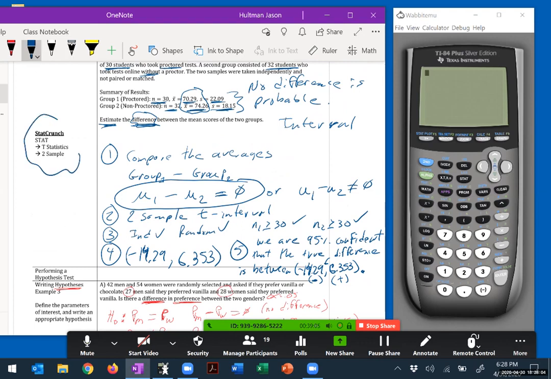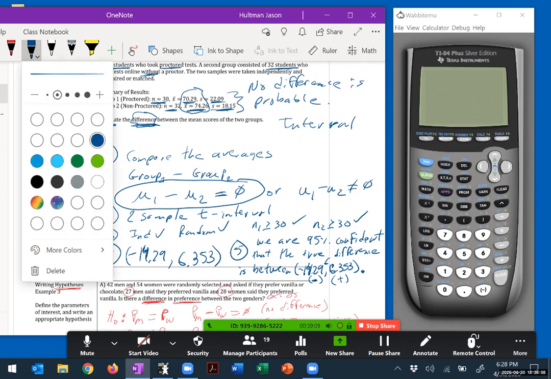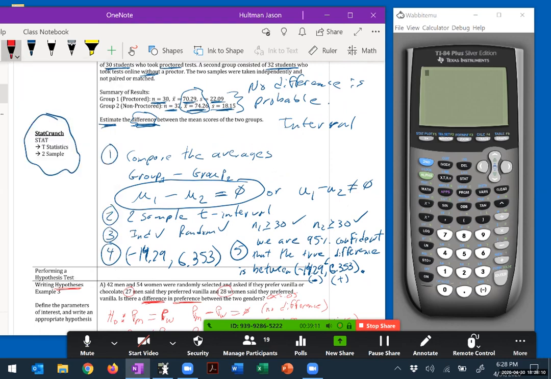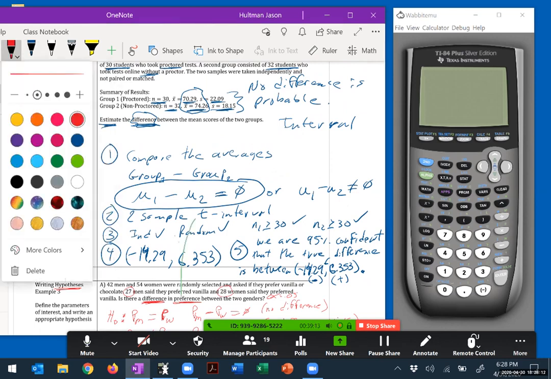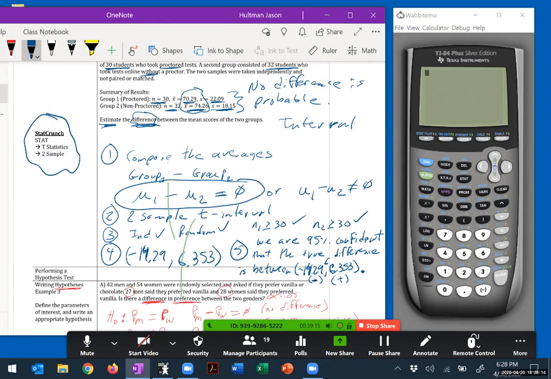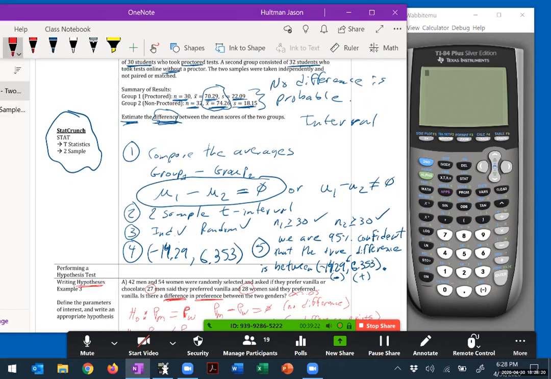Okay, StatCrunch. Let me move this over a little bit.